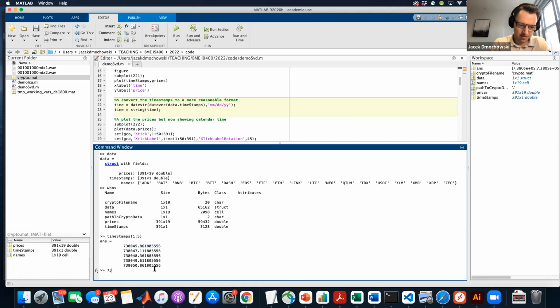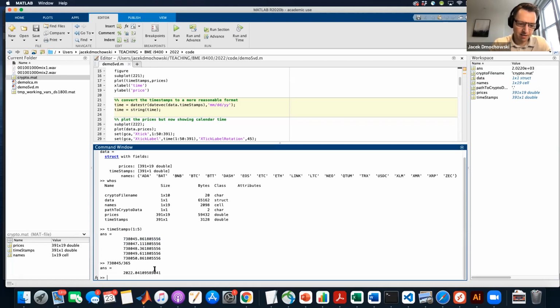Let's see, if I do 738 divided by 365. Yeah, it's a number of days since, let's see, 0 AD, would that be correct? It's number of days since 0 AD. And so the fractional part is obviously very important here, right?